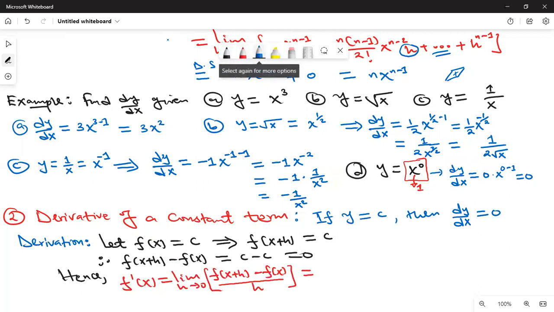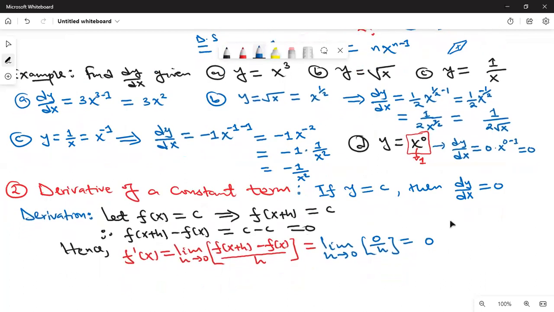That is equal to the limit as h approaches 0. We got 0 over h. And so this will be the limit of 0, which is 0. Limit of a constant is the same constant. So the answer there is 0. That means our derivative is 0. When you differentiate a constant term, you need to get 0.